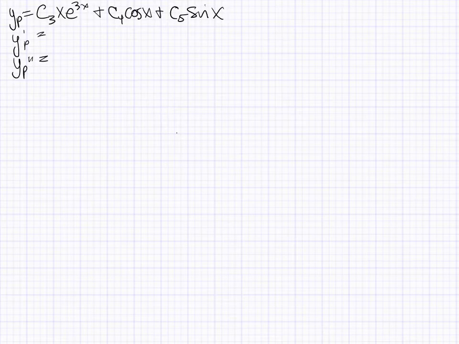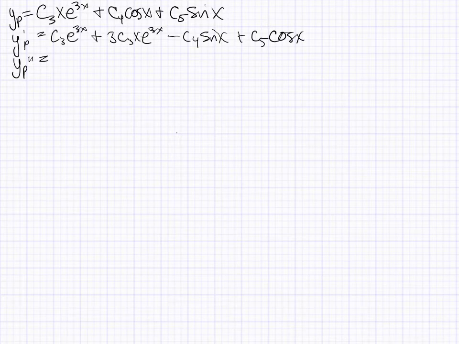And so the derivative of y sub p would be, well, I need product rule for this first one, so that's going to be what? c3 e to the 3x plus 3c3 x e to the 3x. And then we're going to have minus c4 sine x plus c5 cosine x.